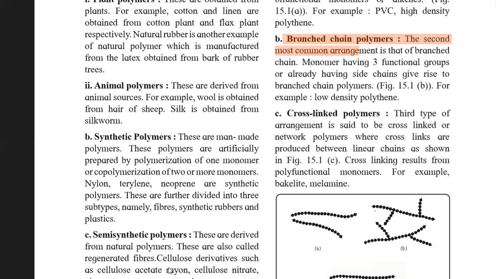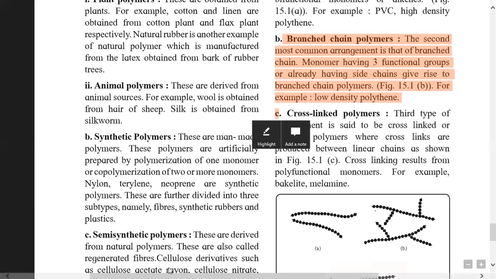So this is the second most common arrangement, that is a branched chain, monomer having three functional groups or already having the side chain, which gives rise to branched chain polymers. And the example is a low density polymer. In the first type, we had studied high density polymer. Now it is a low density polymer.